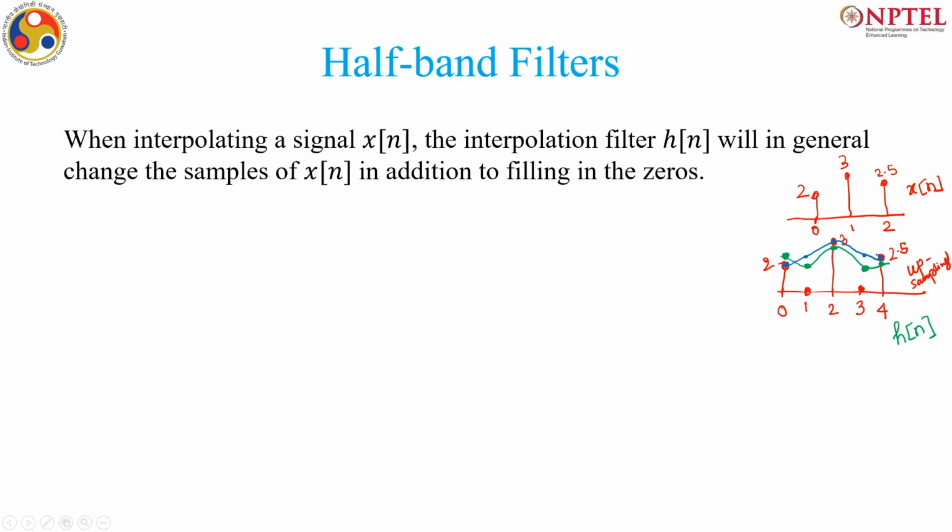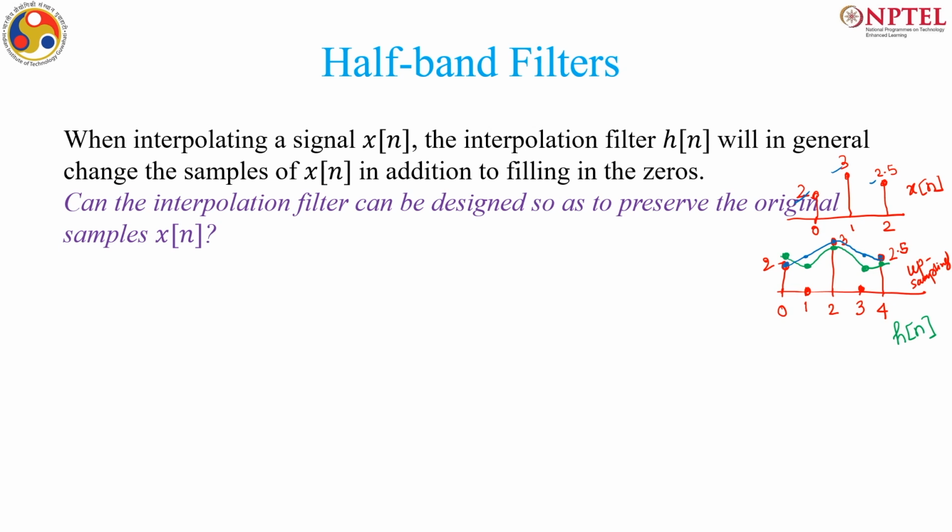So, I get a smoother, low passed version, but in this interpolated signal my original signal values, that is 2, 3 and 2.5, are intact. Such a filter which will keep these original signal values intact after interpolation is called a half band filter. So, this is the question: can I design an interpolation filter which can preserve the original samples x n?